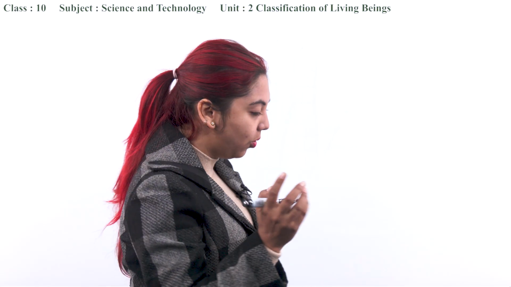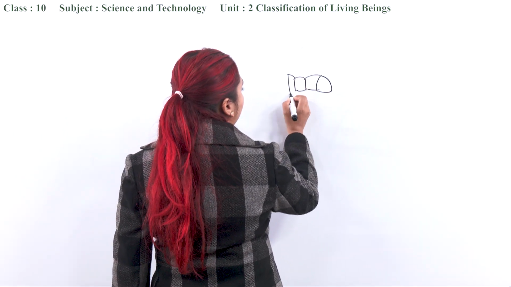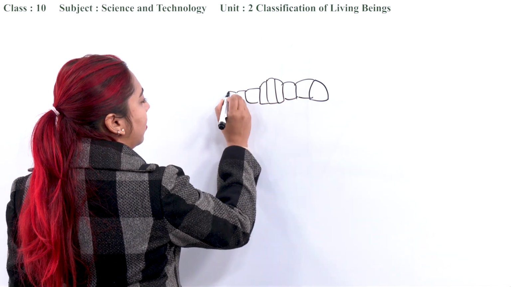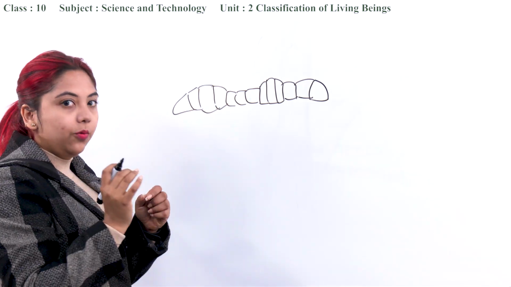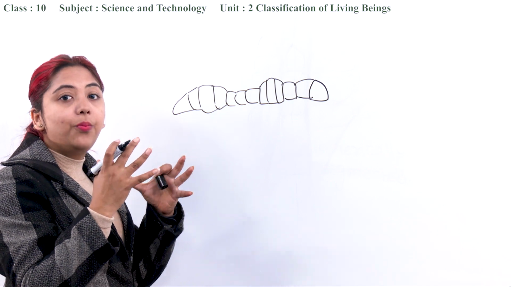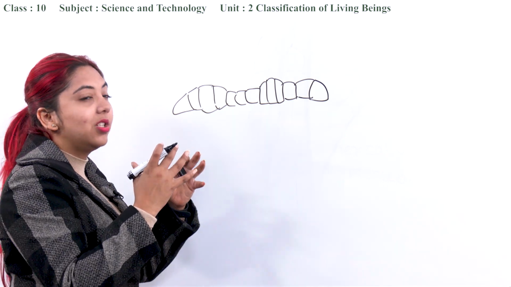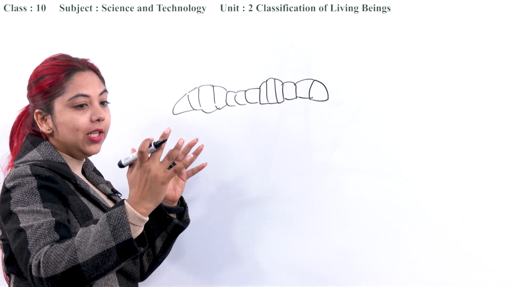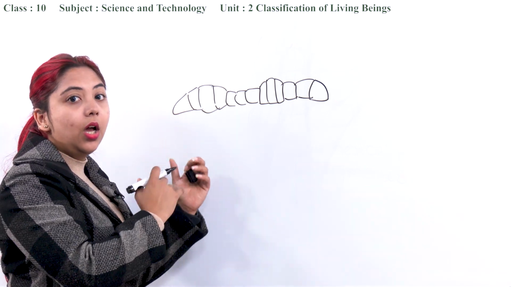Now, I'll show you what happens. This is an earthworm. Now, we all know that liquid is an incompressible fluid, so it does not change its volume. So when you press liquid from one side, it distributes the force to the other sides.